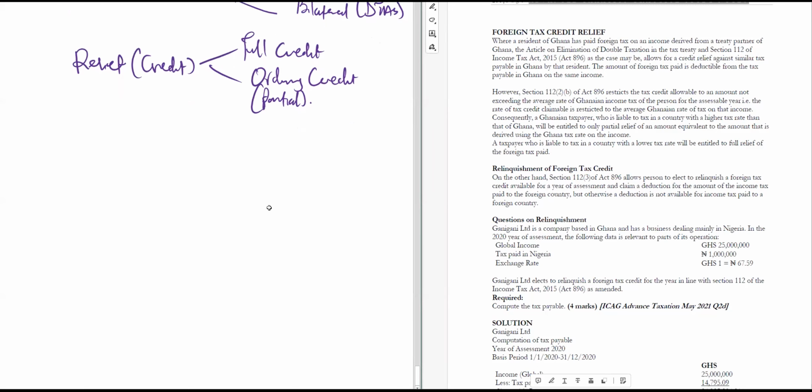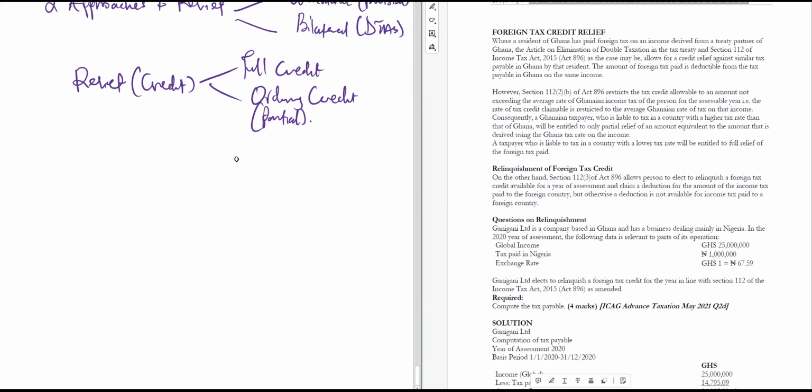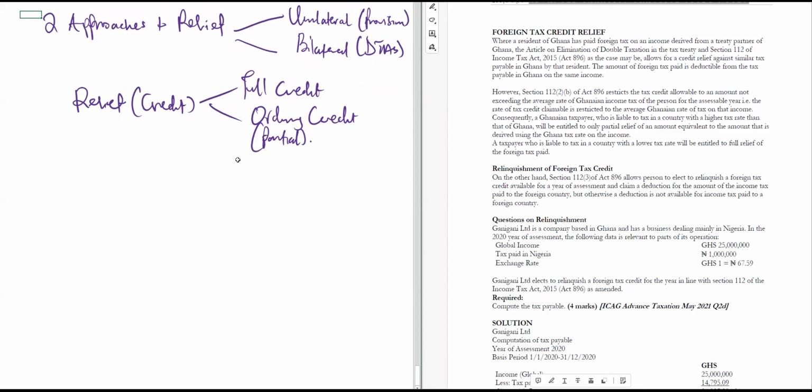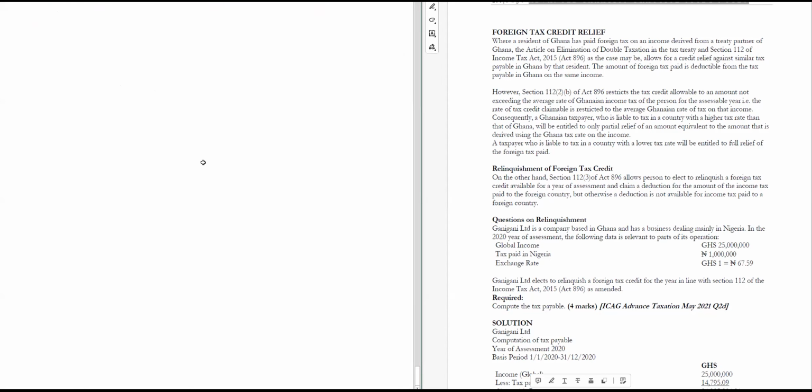Apart from this, the law allows us to relinquish a foreign tax credit. Now, relinquishment looks like the deduction method we know, right? And we said that instead of getting a credit against your tax, the foreign tax you went to pay can be claimed as a deduction against your income. You understood? Can be claimed as a deduction against your global income.